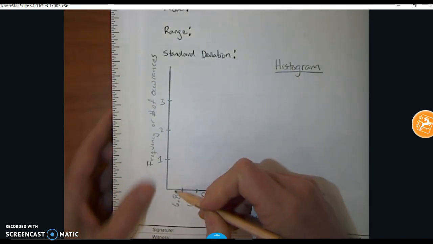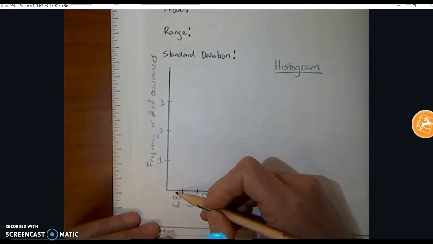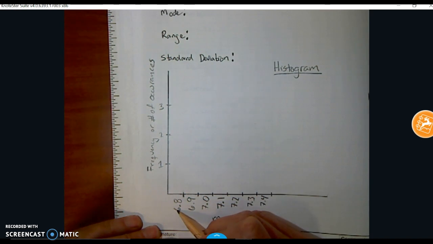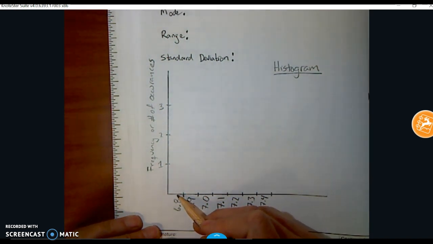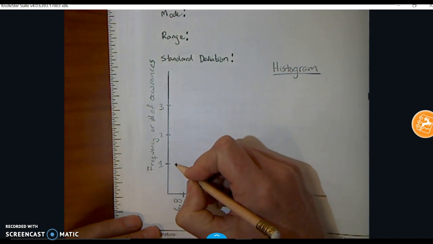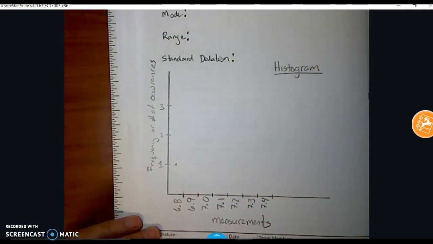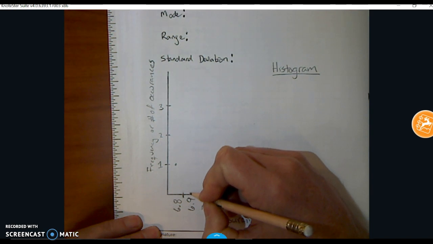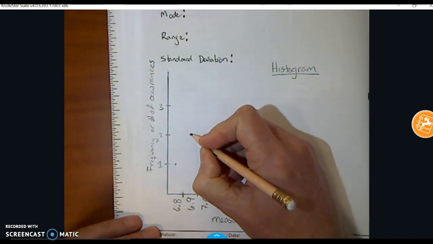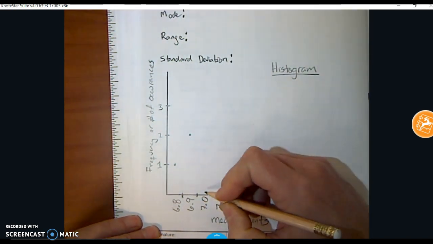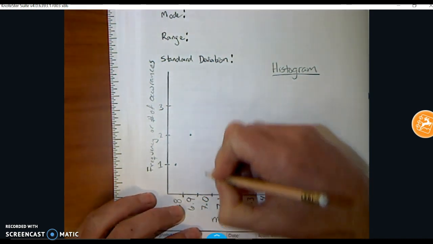First thing I'm going to do is go over to my 6.8. In this case, I'm not going to look at the 6.8 as measuring a width here. I'm going to make a bar for this. And 6.8 occurred one time. So I'm just going to quickly put this in. 6.9 occurred two times. 7 and 7.1 occurred three times.